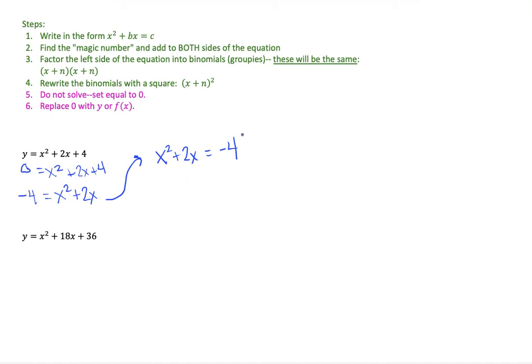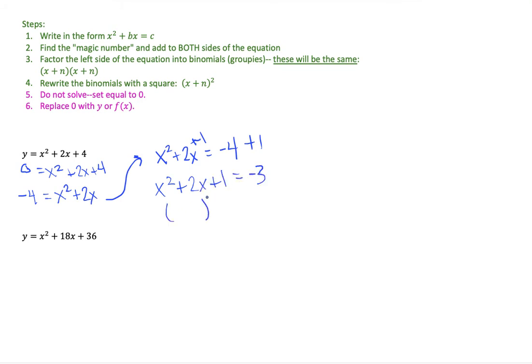So all I have to do now, so what I did was I wrote it into this form. Okay? Now I'm going to find the magic number and I'm going to add it to both sides. So half of 2 is 1 and 1 squared is 1. So I'm going to add 1 to both sides. x squared plus 2x plus 1 equals negative 3.